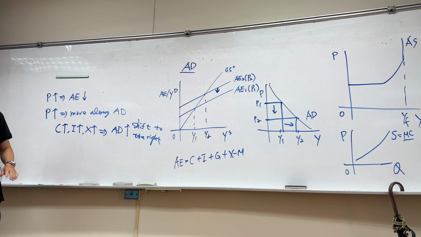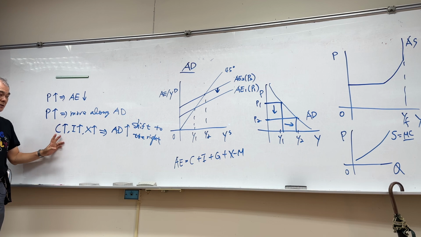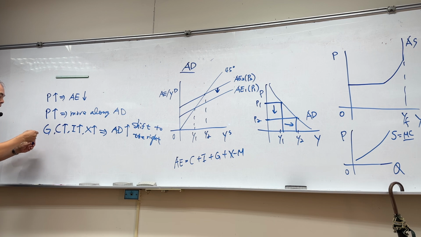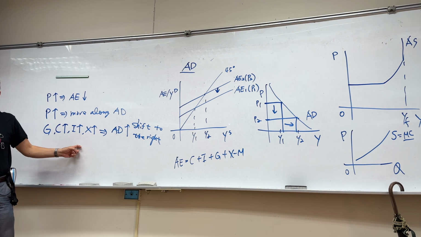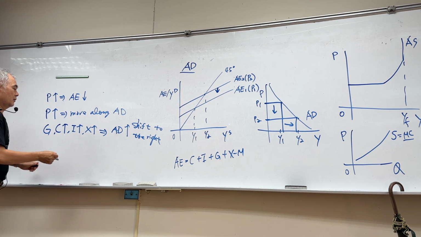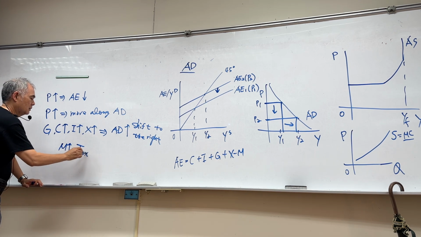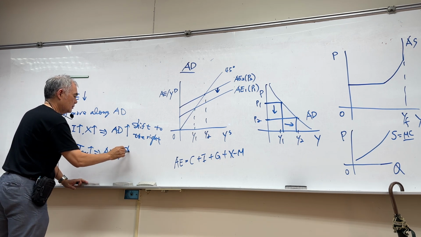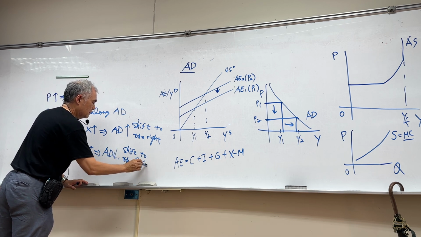So what does that mean? If any of these items, C, I, X, or also G, goes up, it means the economy is going to have more demand. If there's more demand, the aggregate demand curve shifts to the right. But what happens if M goes up, or tax T goes up? Aggregate demand is going to go down and shift to the left. Okay?